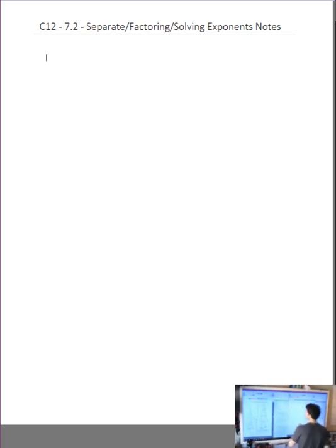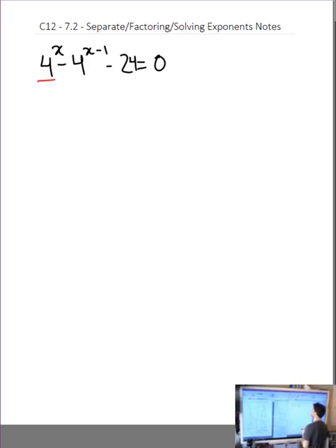Okay, let's look at some more complicated exponent equations. 4 to the x minus 4 to the x minus 1 minus 24 equals 0. So I have a 4 to the x, and I like that.